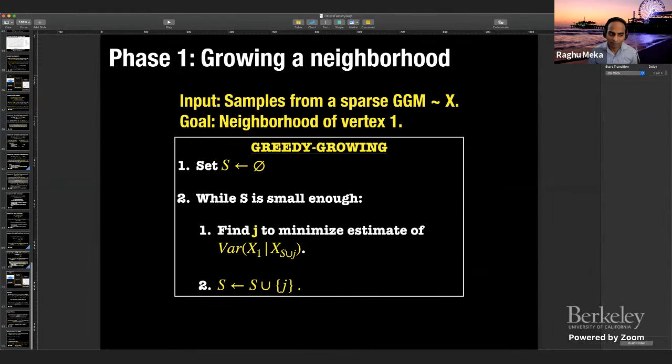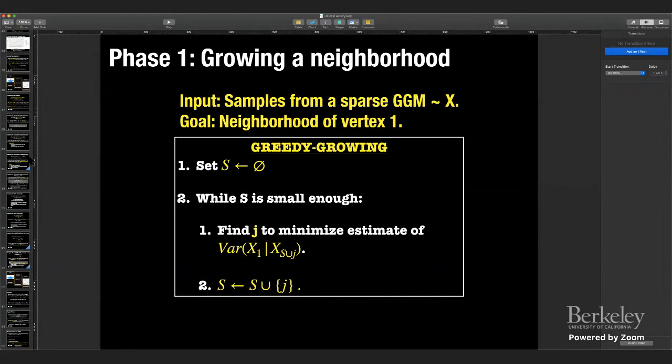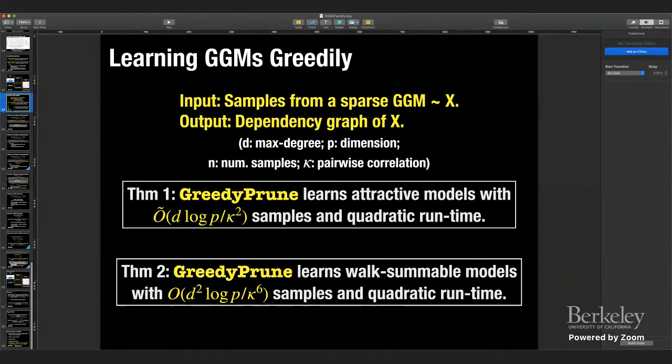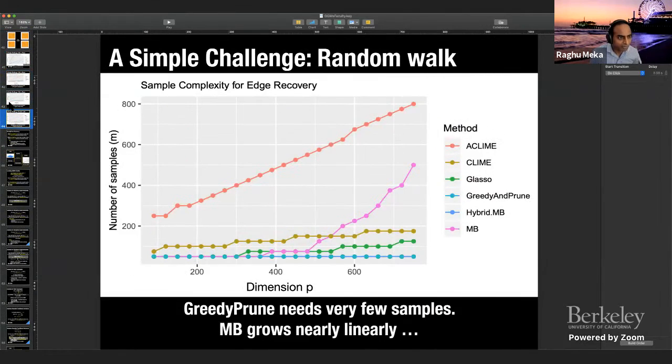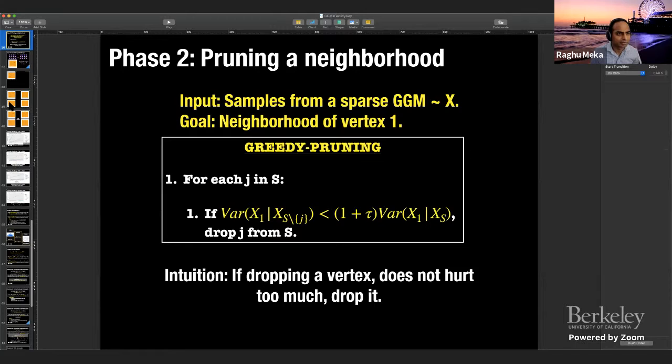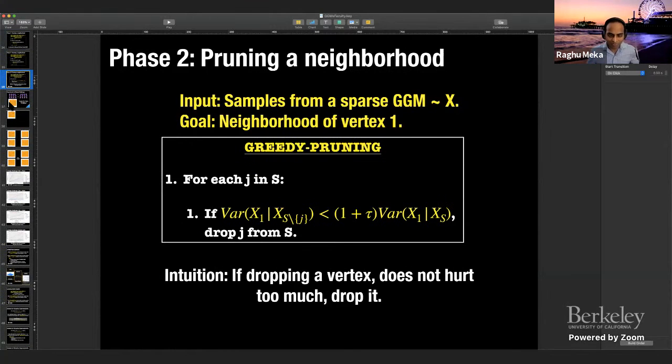I see. Thank you. Could you repeat the pruning step? Because I didn't understand the pruning step. Sure. So you have your set S. Now for each vertex in this set, you drop that vertex and see if the conditional variance has increased by more than, let's say, a 1.01 factor.